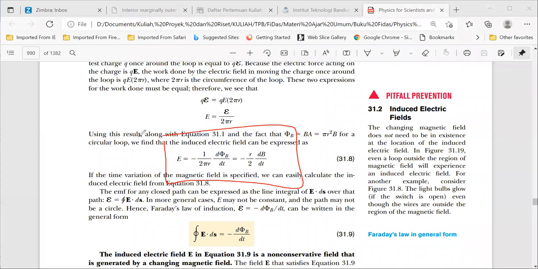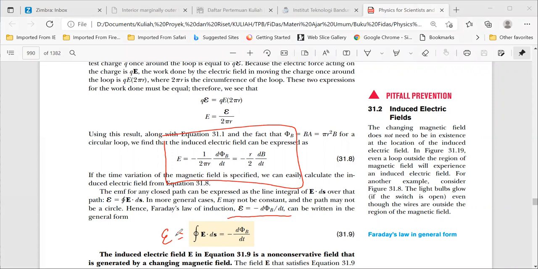So what we have discussed in this simple example is that this Faraday-Lenz law of induction, we could say, is equal to this potential difference on the loop.